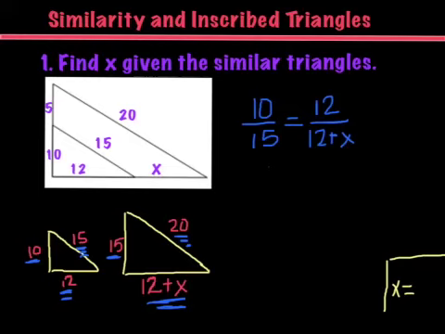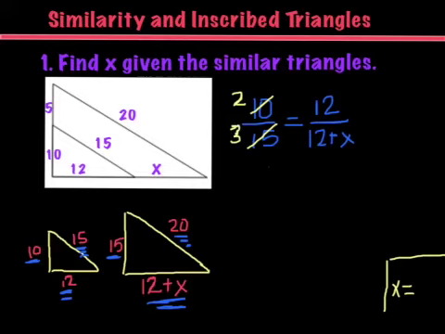So why don't we go ahead and reduce this fraction? Make our life a little bit easier. So 10 over 15, if you divide by 5, you get 2 over 3. Okay, that's an ugly 3.